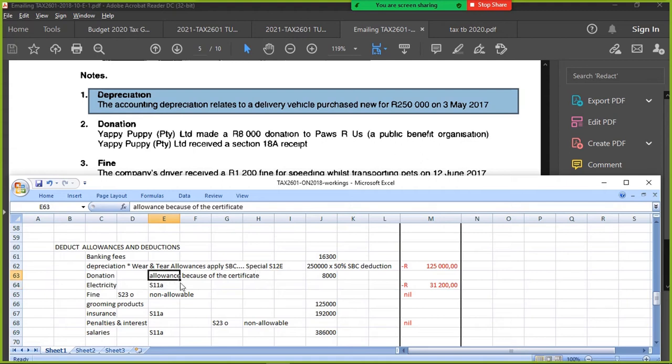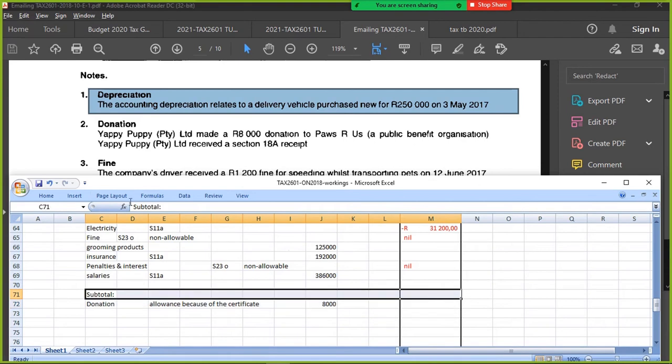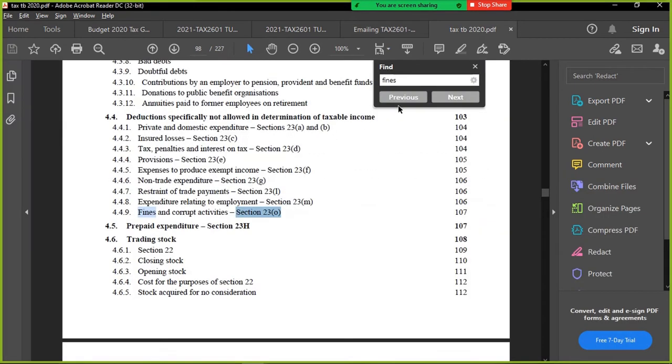You have to have a certificate, which it does, but the donation we should actually put at the bottom because we need a little subtotal, because it'll be limited to, I think, 10% of taxable income.